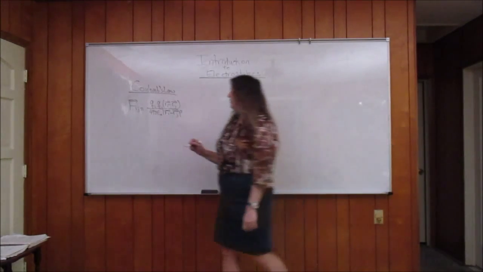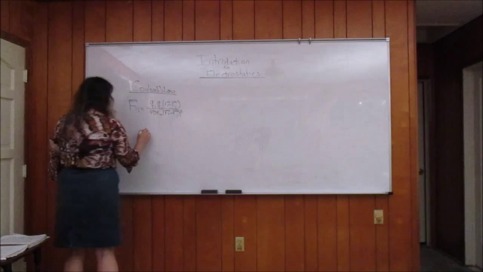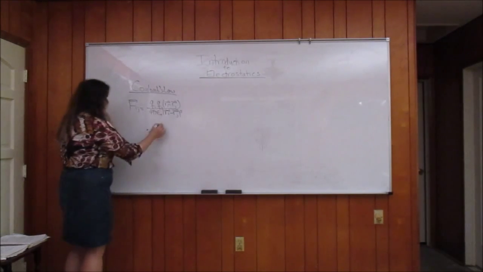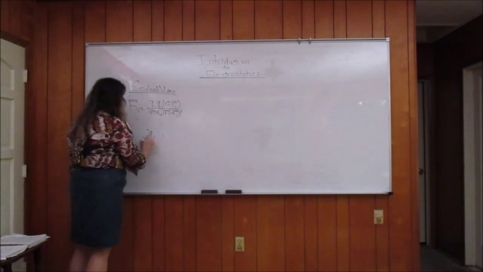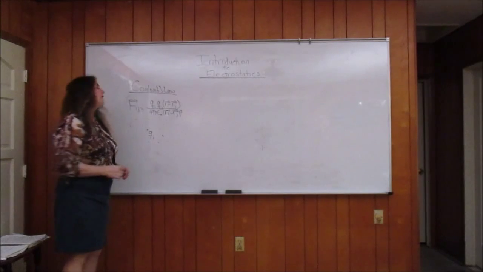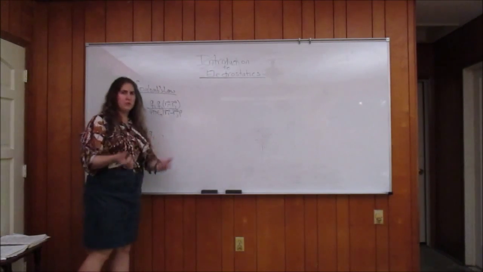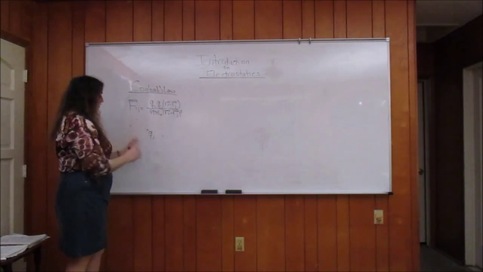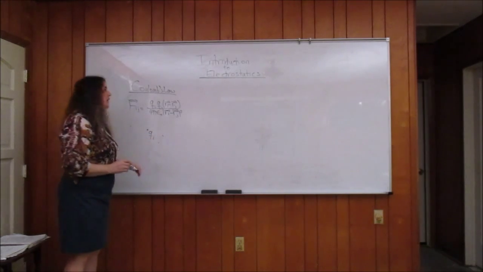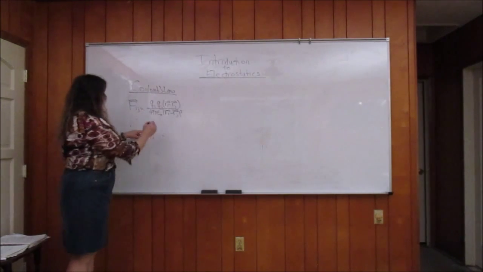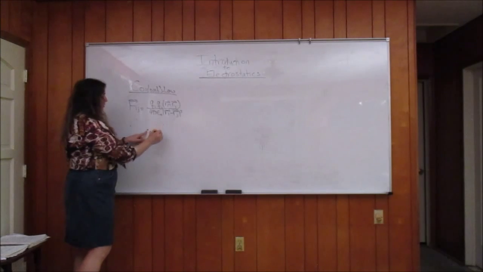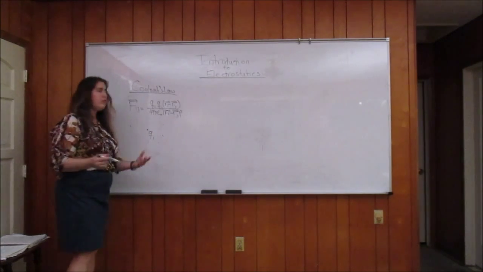Let's suppose that we have a system of charges. Not just one, we've got Qi here, but we've got a whole bunch of other charges, Qj. How do you calculate that? Well, it's also an experimental fact that the net force acting on Qi can be written as a summation of the force on Qi due to this charge, this charge, this charge, this charge, and so forth.